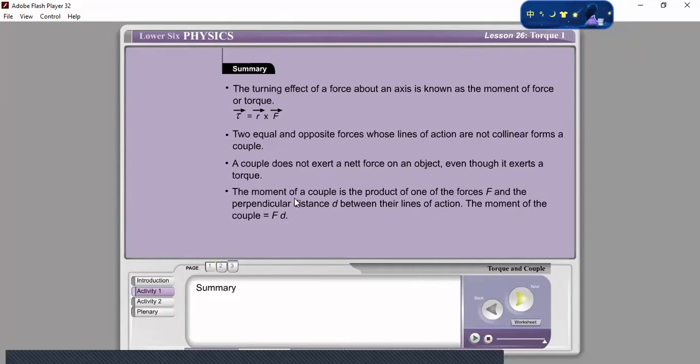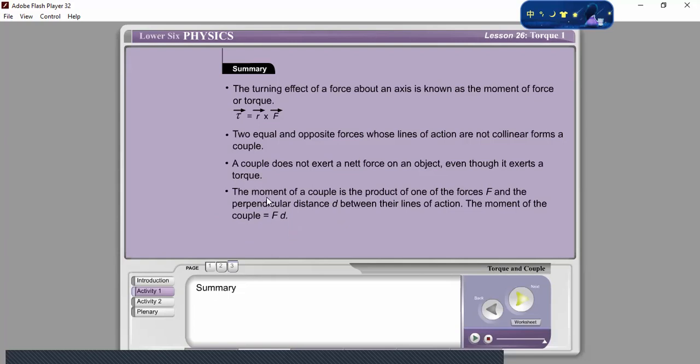The moment of a couple means that the two forces, although in opposite directions, are still related to each other to make the wheel turn in circular motion. So the moment of couple, or torque of the couple, is equal to Fd.